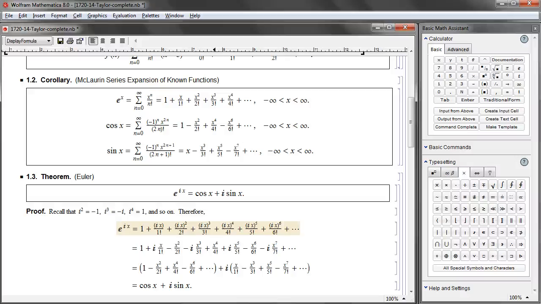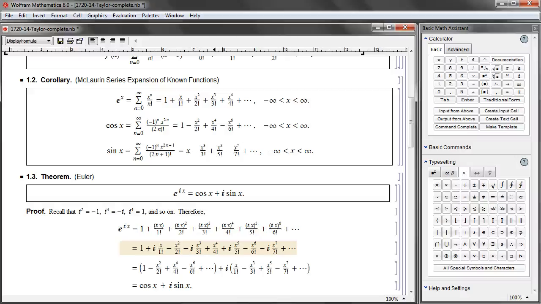So we have the pattern. What we end up with is something like this: 1, i, -1, -i, 1, i, -1, -i, and so on. If we rearrange all this sum, yes, we can do that because the interval of convergence is -infinity to infinity. So everything converges absolutely here, no matter what x value we have. So the rearrangement is okay.